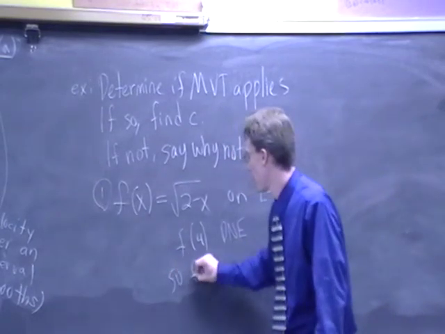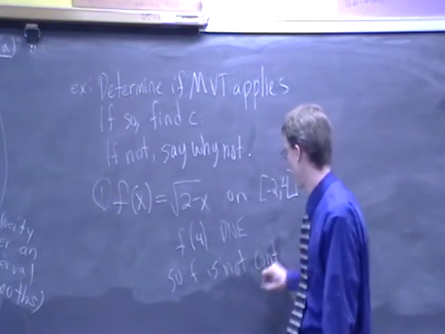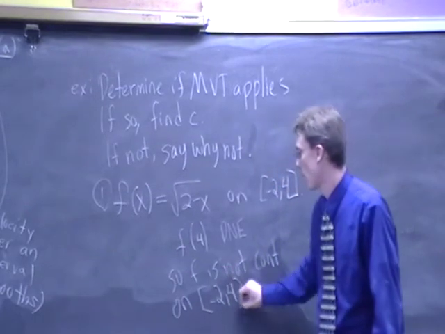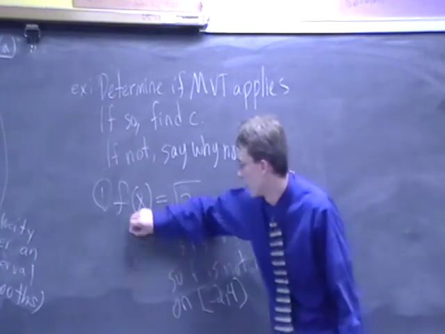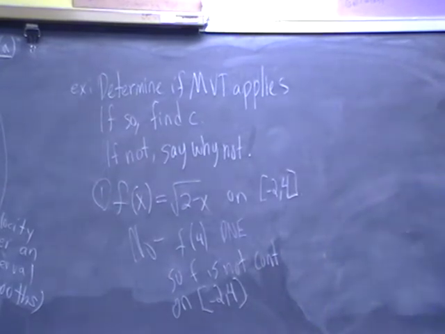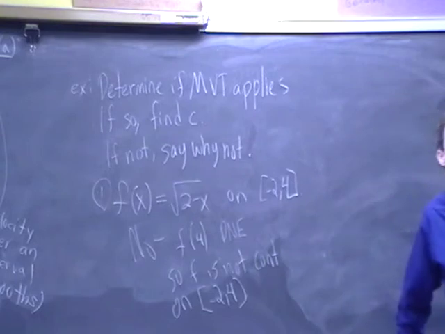So F is not continuous on -2 to 4. So our answer here, first off, would be no. You can't use the mean value theorem on this because F is not continuous on -2 to 4. Done.